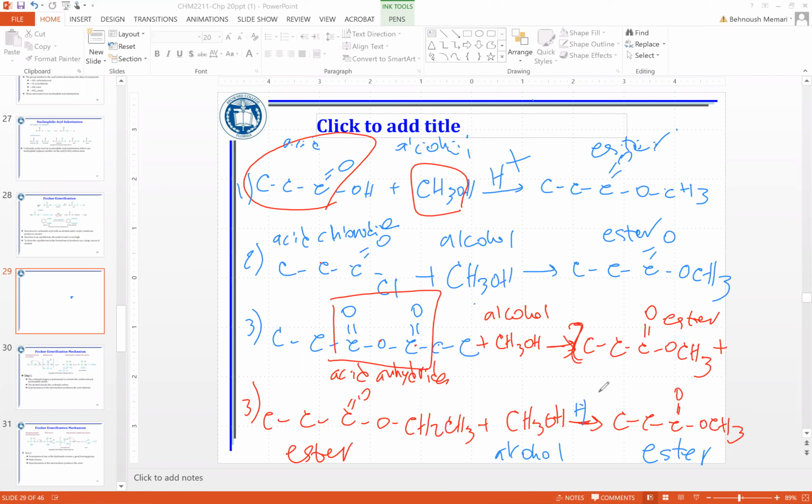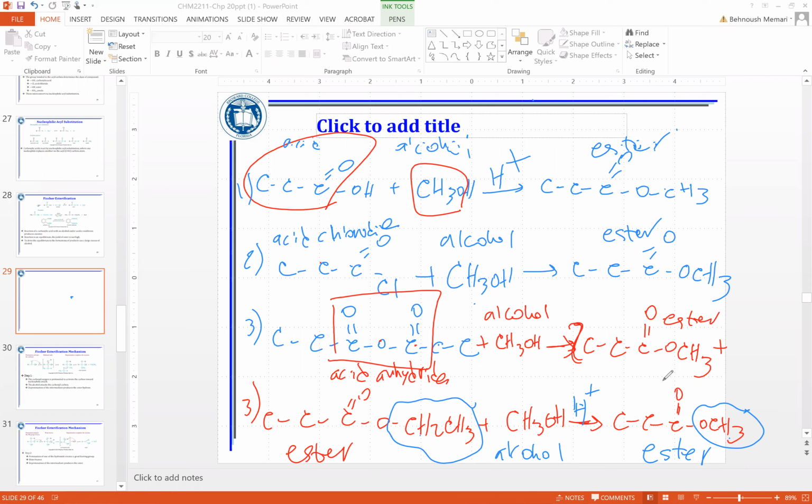You must use a catalyst in this case also. This type of esterification reaction is called transesterification, because all you do is change the alkyl side. Instead of the ethoxide, you have methoxide. Instead of OCH2CH3, you have OCH3, and that means you are changing the alkyl group of the ester, and the reaction is called transesterification. One ester changes to another ester.